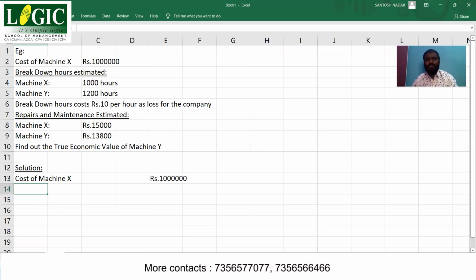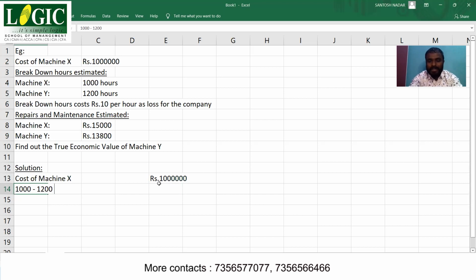Let us first focus on the first part, that is the breakdown hours. Machine X gives a breakdown of 1000 hours, whereas machine Y gives a breakdown of 1200 hours. That means machine Y has 200 more breakdown hours as compared to machine X. That means the customer will be affected because of this. So we will say, do not worry, we will reduce our price to the extent to which you are expected to incur a loss because of our greater number of machine breakdown hours.